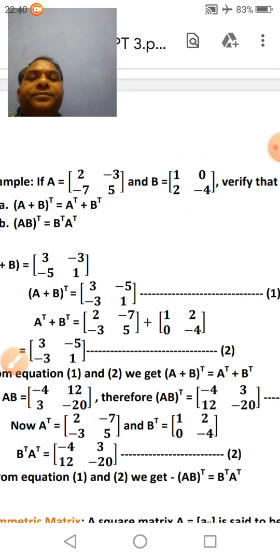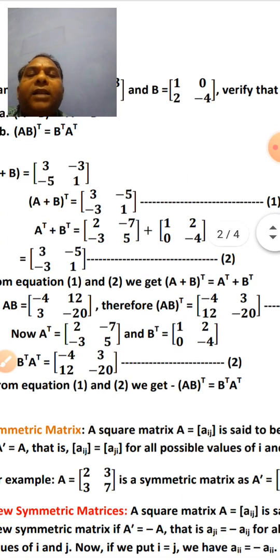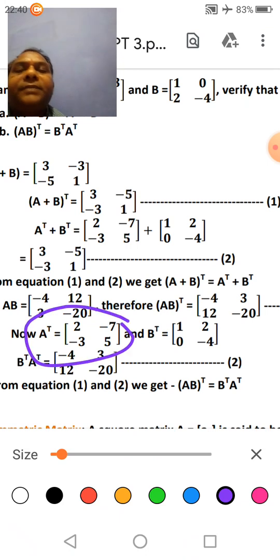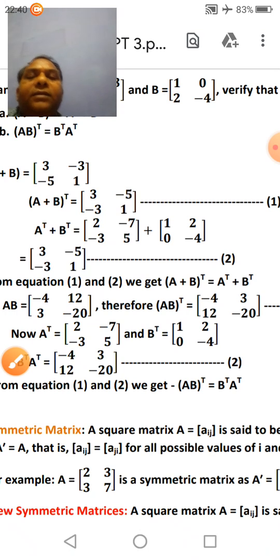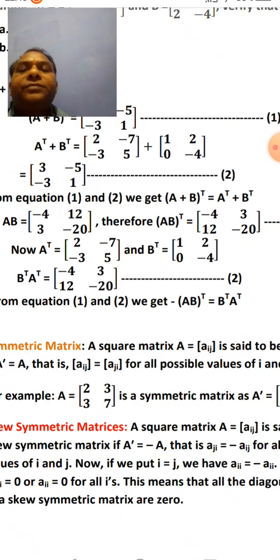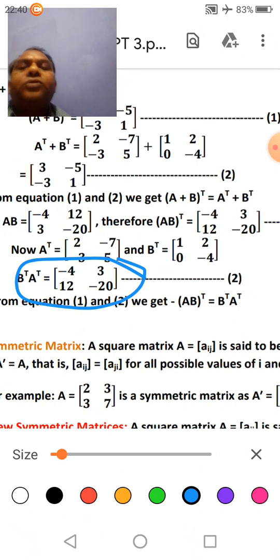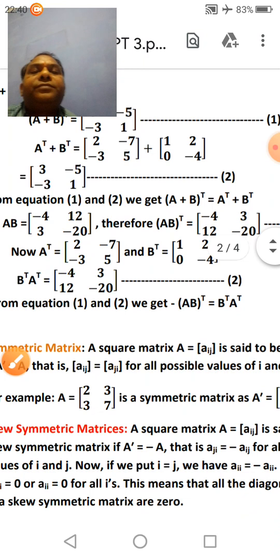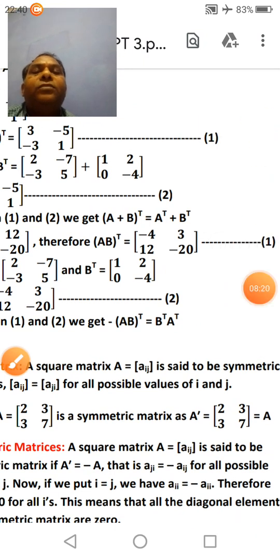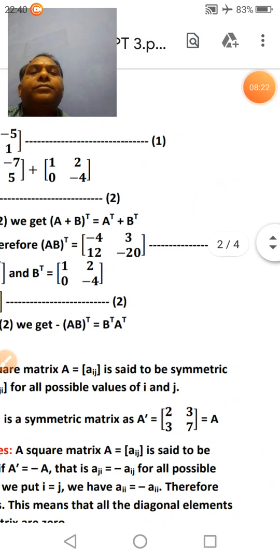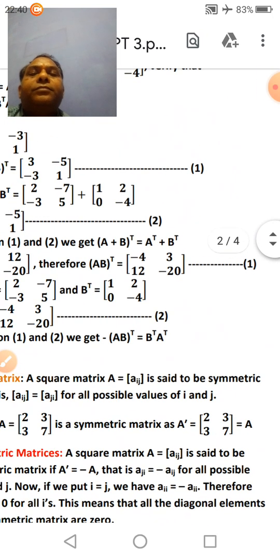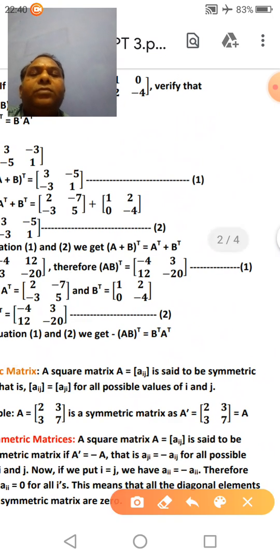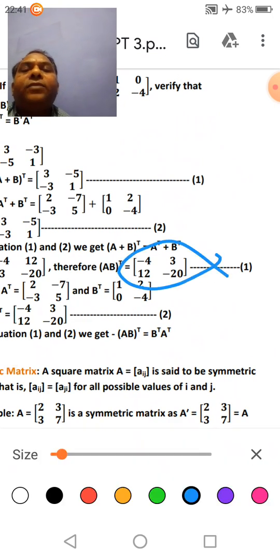Now find separately transpose of A and transpose of B. Clear? Then find the product of transpose of B and transpose of A. Clear? Now observing equation 1 and 2, we find that equation 1 is equal to equation 2.